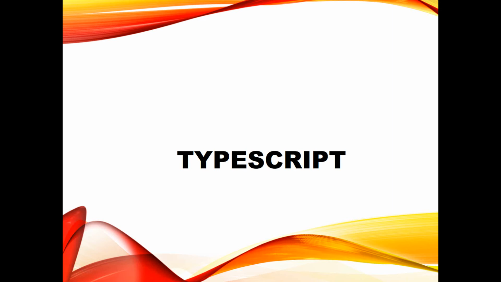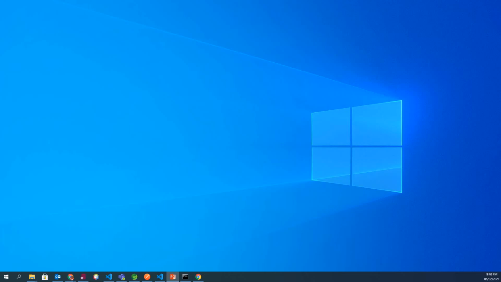So let's start to see how we can install TypeScript on our system and which prerequisite software is required to run TypeScript on our system. So first of all we need Node.js.